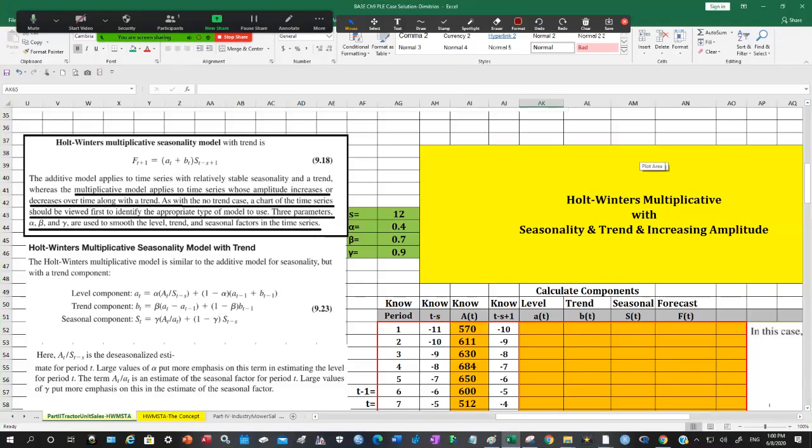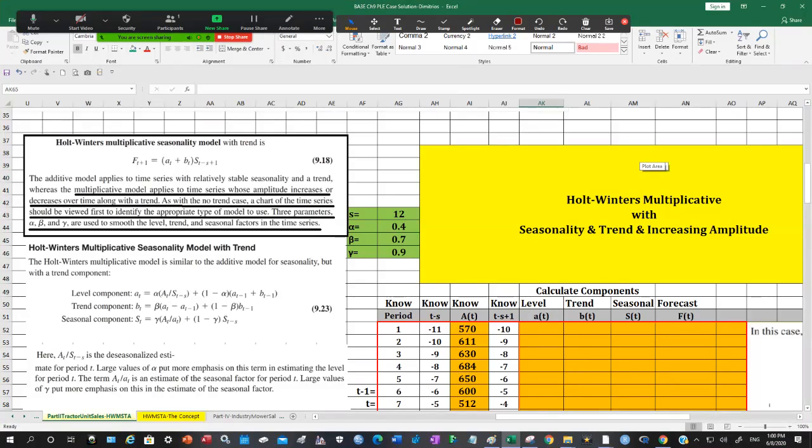Hello and welcome to this topic on forecasting. More specifically, we will talk about the Holt-Winters multiplicative forecasting method where seasonality is present, we have trend, and the amplitude is increasing.